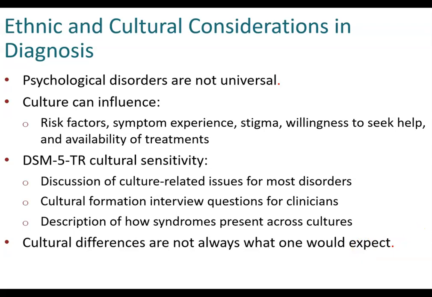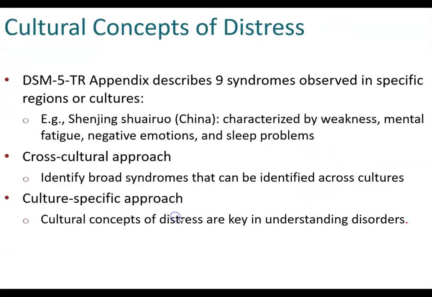So cultural differences, psychologists have found, are not always what one would expect. And so we will talk about those coming up, and the DSM-5 TR appendix describes about 9 syndromes observed in specific regions or cultures.